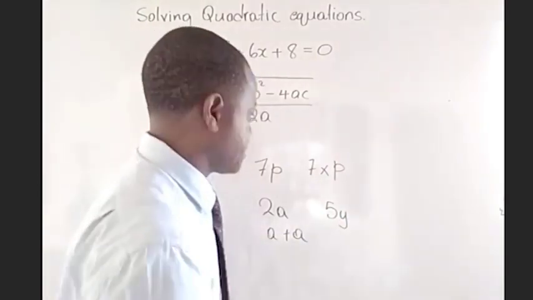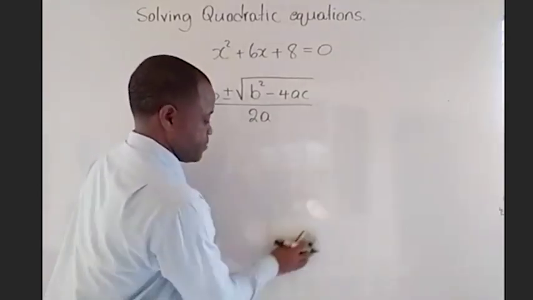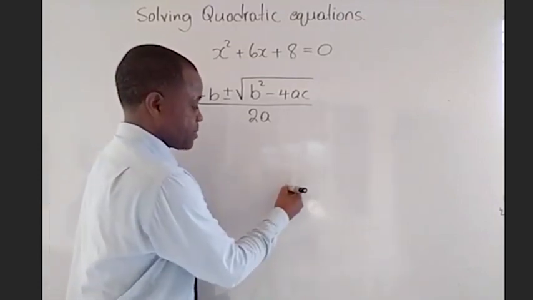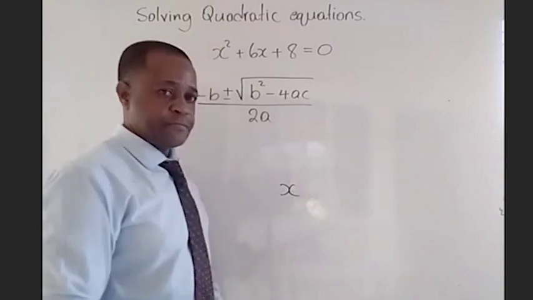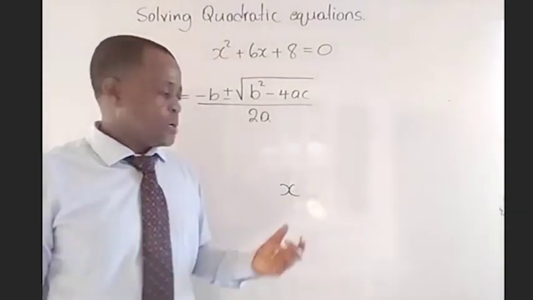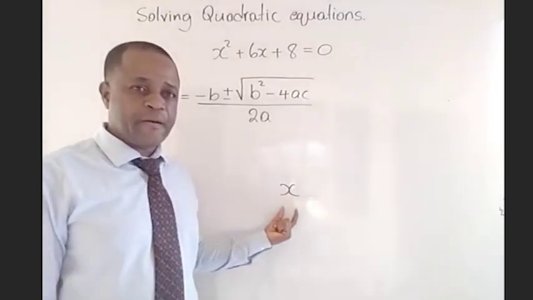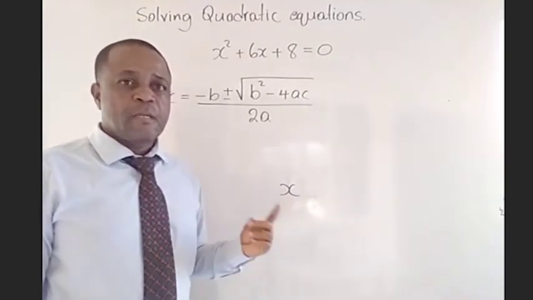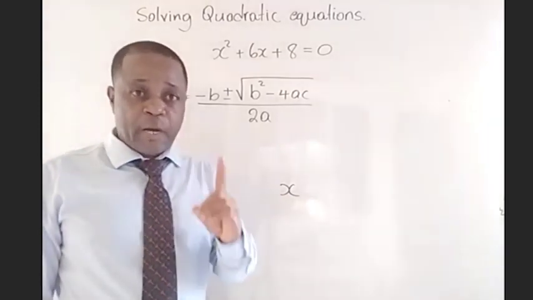Good? Now, let us get down to the meat of the matter. If I should put x there, the question is, how many x do I have right now? Yes, you're correct. We're seeing 1x.